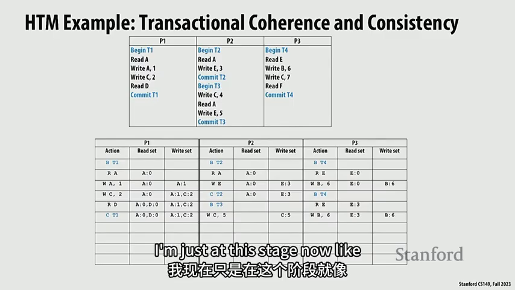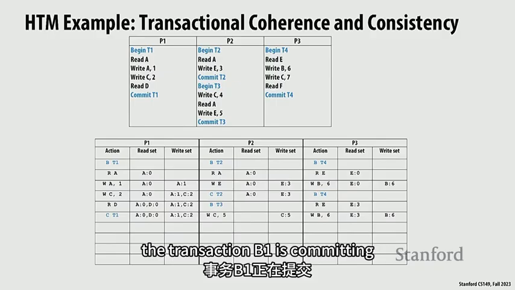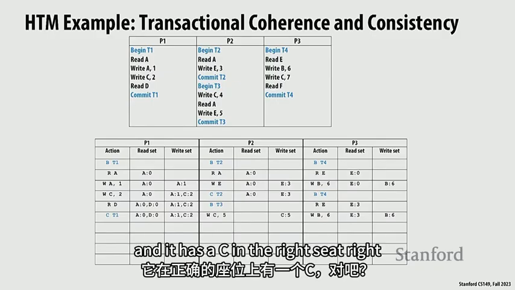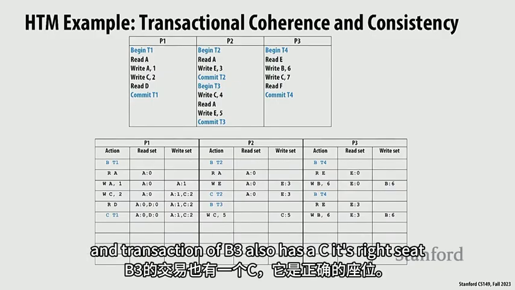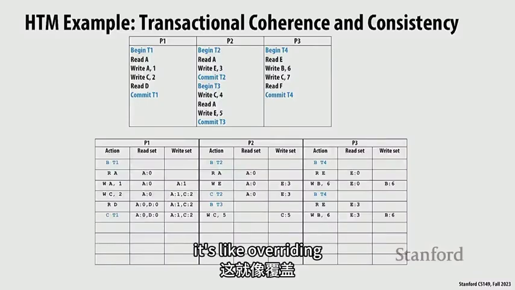Yeah. I'm at this stage now, where transaction P1 is committing, and it has C in the write set. And transaction P3 also has C in its write set. So should it abort? Should it? No, the write set doesn't matter. It's overwriting.